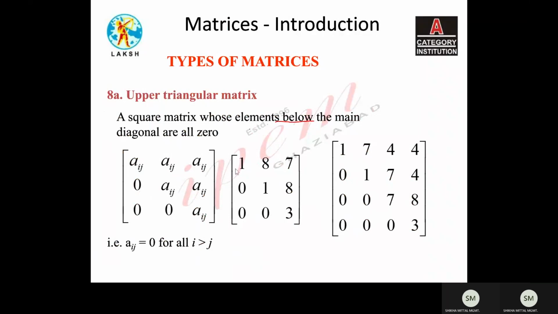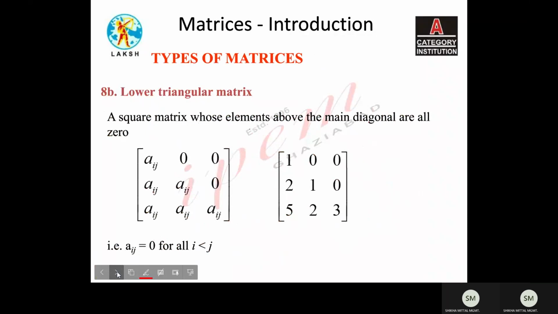In this example, this is our main diagonal, 1, 1, 3, and we can observe that all the elements below the main diagonal are 0, 0, 0, 0. In the second example, 0, 0, 0, 0, 0, 0. That is Aij is equal to 0 for all i greater than j. This type of matrix is known as upper triangular matrix.